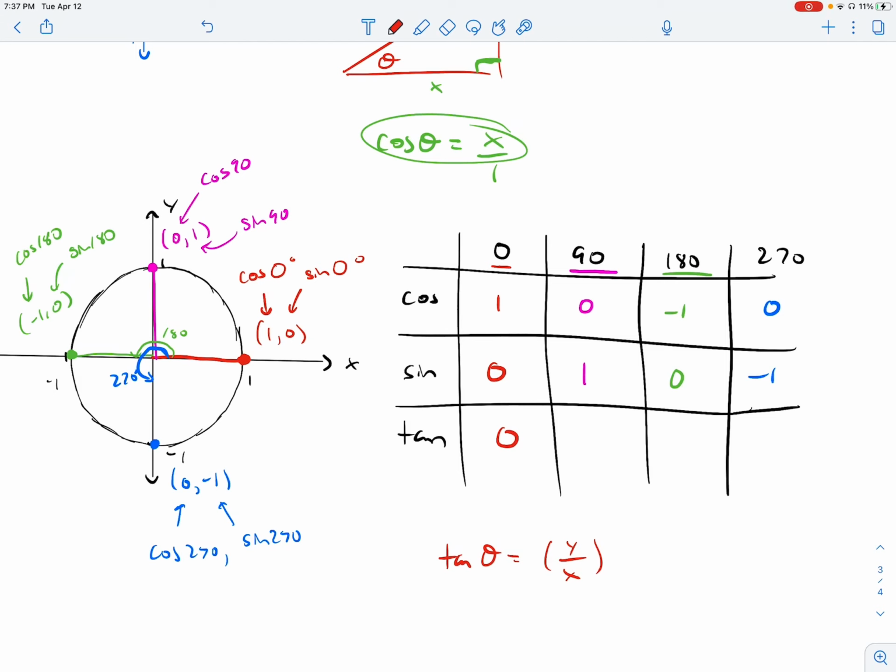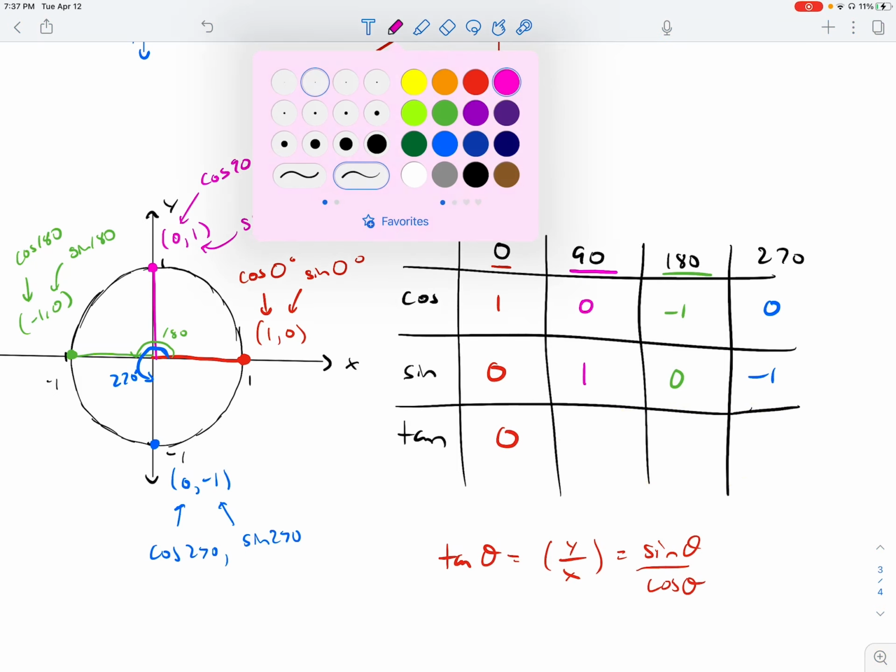So if you do 0 divided by 1, you get 0. Which means the same thing, you can do sine theta over cos theta. So to get tan, you can just do the sine value divided by the cos value. That's a quick way to do it. I'm going to do that to fill out the rest of these.